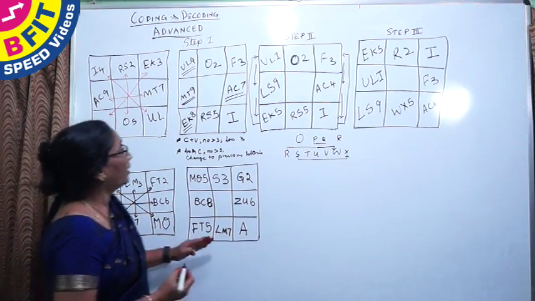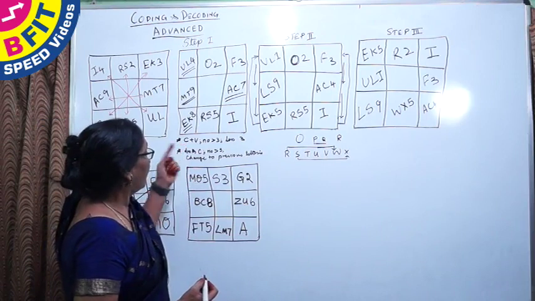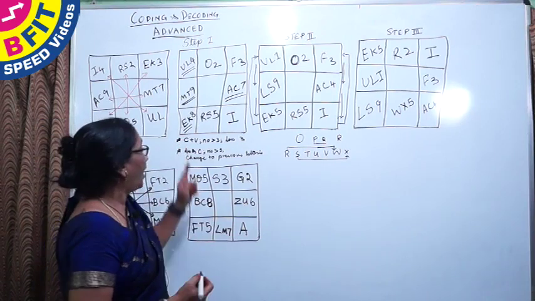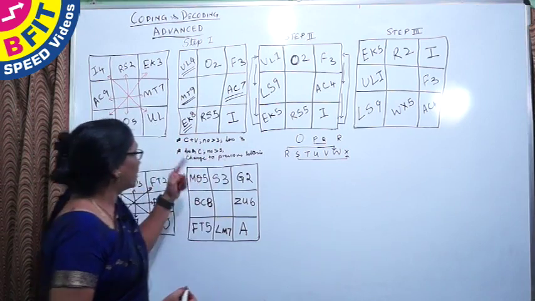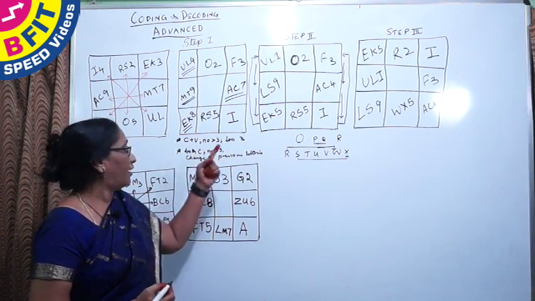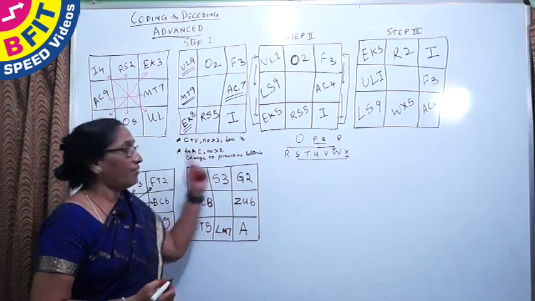And now from here to step 2, we'll have to see whether the set of letters contains one consonant and one vowel, and if the number is greater than 3, we'll have to subtract 3. The second rule says if both the alphabets are consonants and if the number is greater than 5, we'll have to change the letters only to the previous letters.